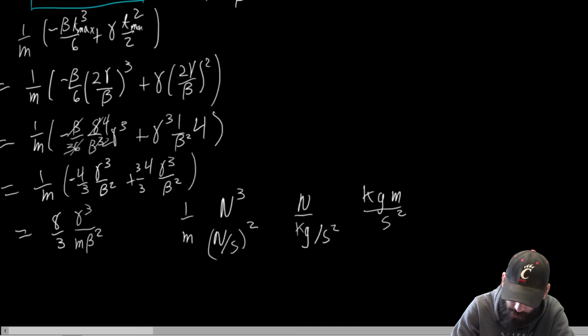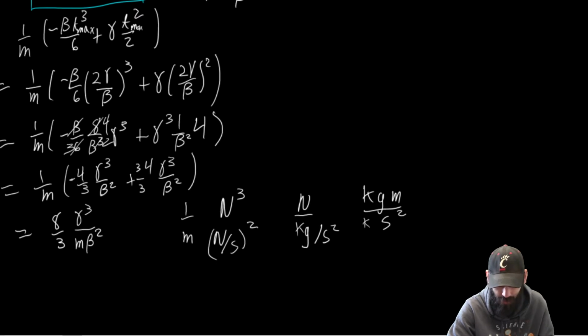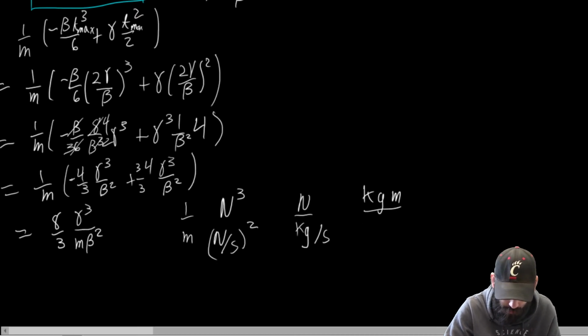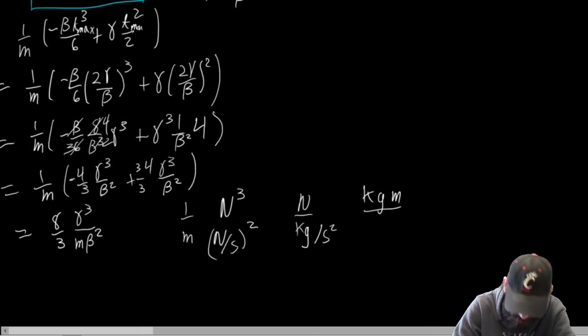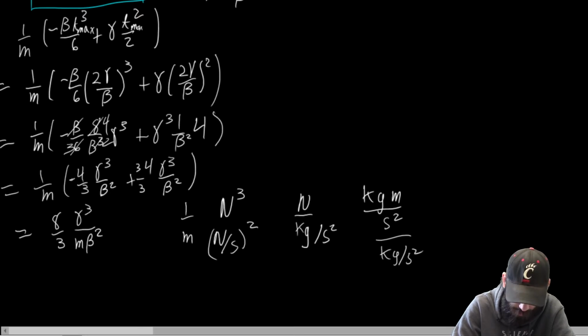And so what we're going to see here is that ultimately, so this is going to be kilogram per second squared. Sorry, I'm jumping around a little bit too much. So this is a second squared. This is a kilogram meter per second squared divided by a kilogram per second squared.